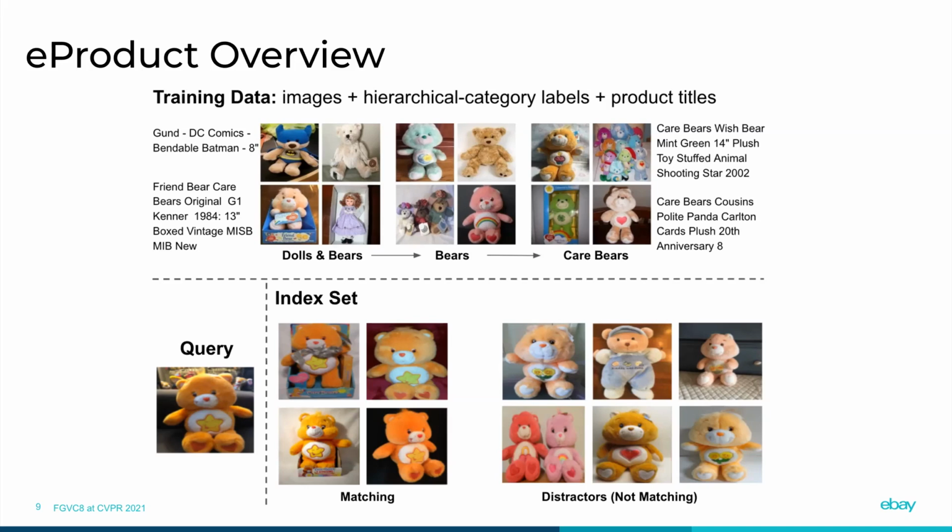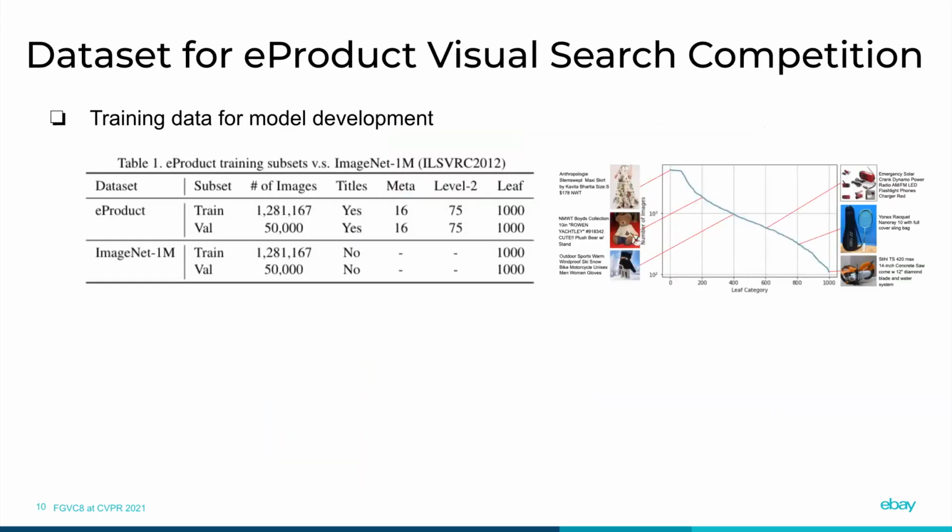The query and the index sets are totally separate from the training set because they are only used for visual search evaluation. If you look at the training data, you will find the configuration is almost identical to the popular ImageNet dataset. However, eProduct provides image titles, which are additional compared to ImageNet.